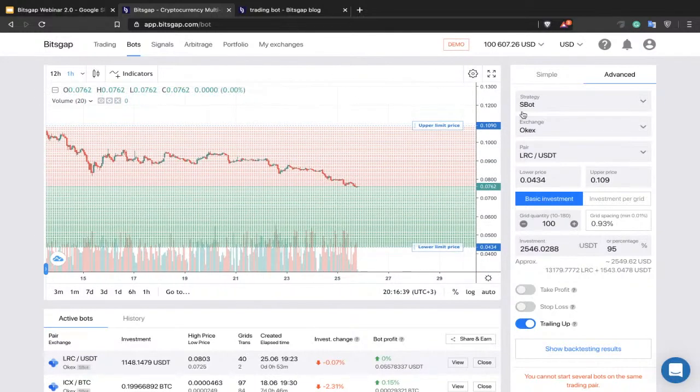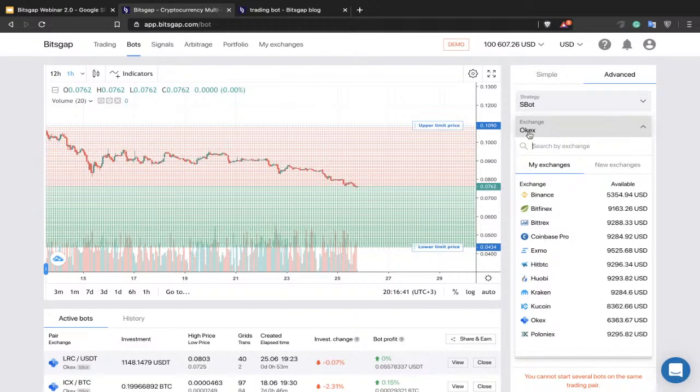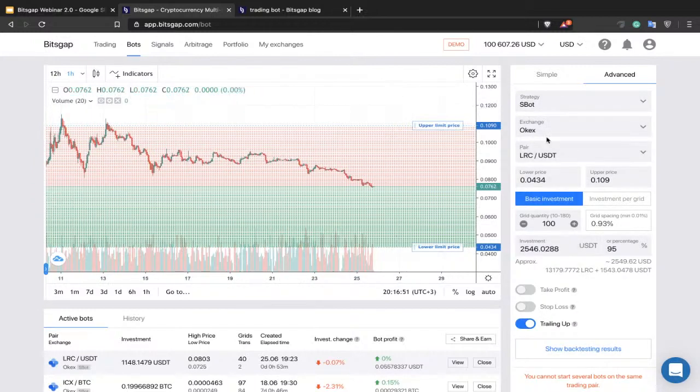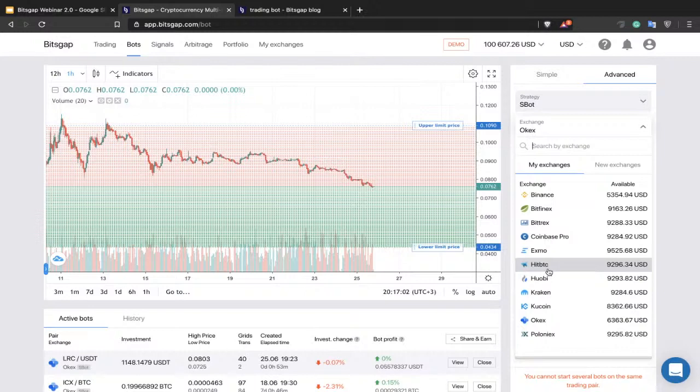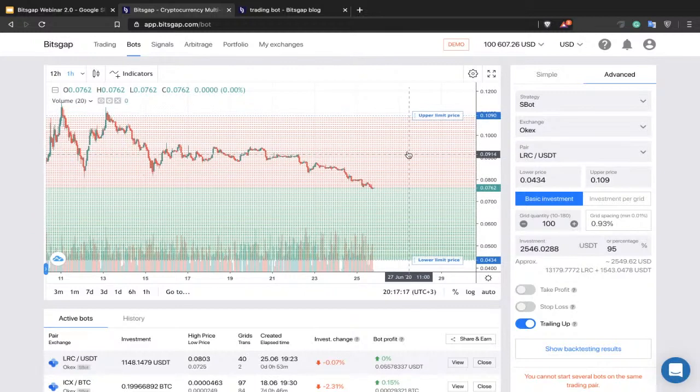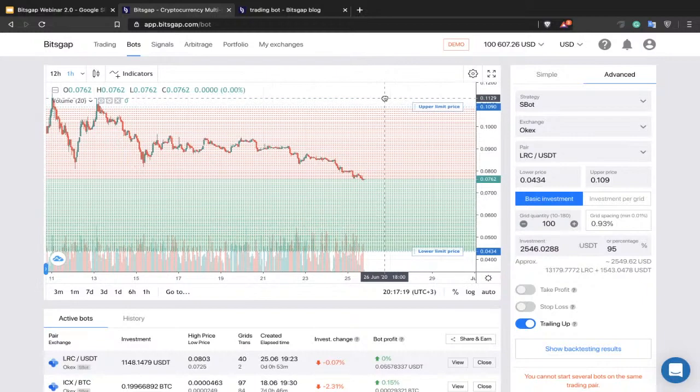So you must understand that depending on the cryptocurrency exchange that you are using, the allocation investment can vary significantly, because at Binance they have this minimum requirement of 10 USDT for one trade, and on other cryptocurrency exchanges like OKX or HitBTC and others, they have different minimum requirements. So if they have lower minimum requirements, that means that you can plot more grid levels, having the same investment value as if you would launch it on Binance.